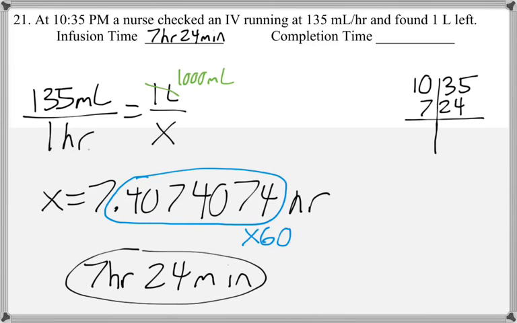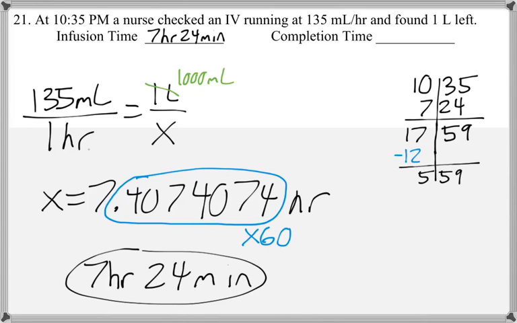So adding up the minutes, we get 59. The hours, we get 17. So the minutes are okay, but the hours, we can't have a 17 in the AM and PM time. So I need to subtract 12 to account for this, and we get 5:59.